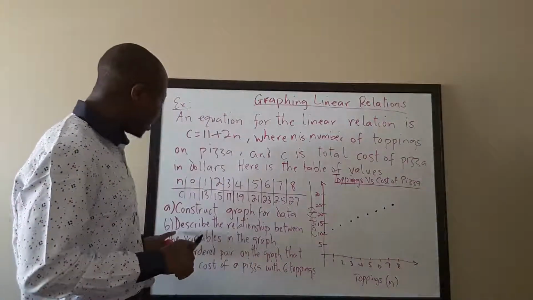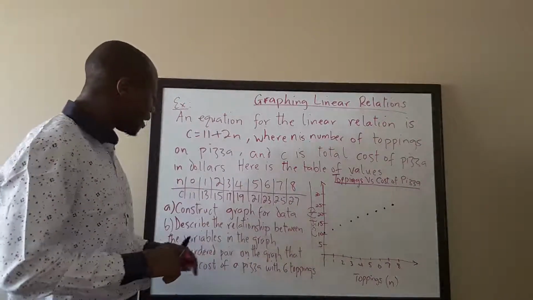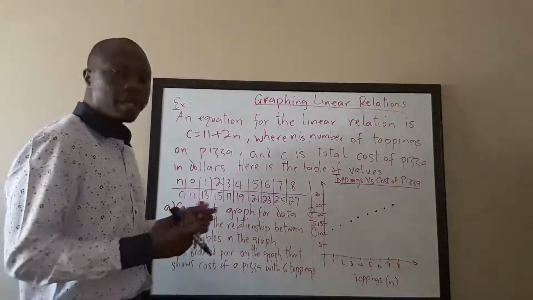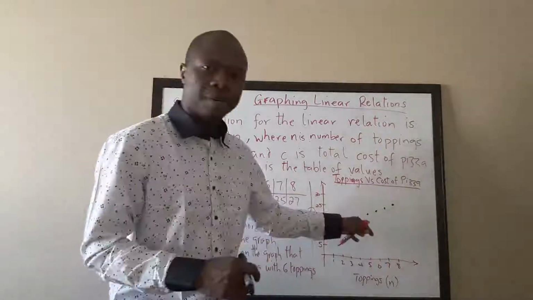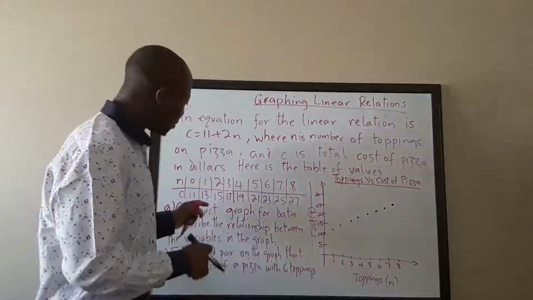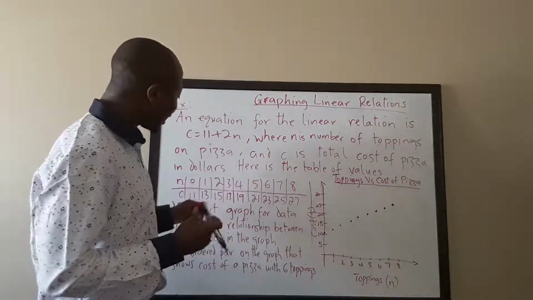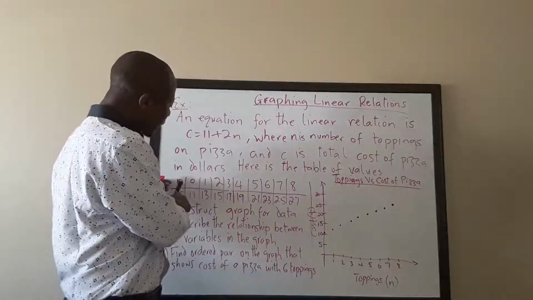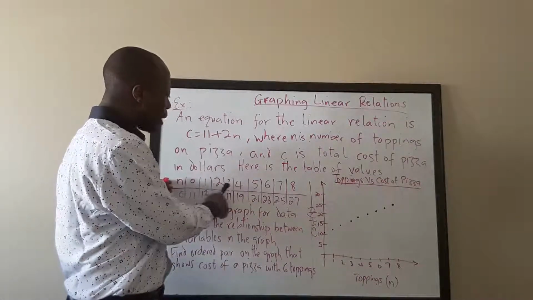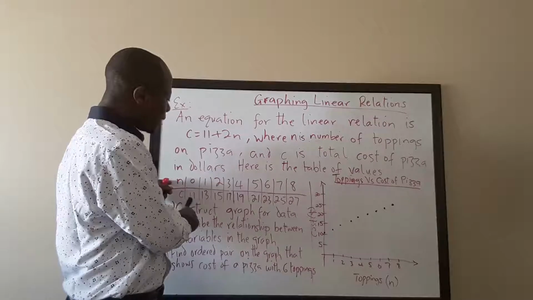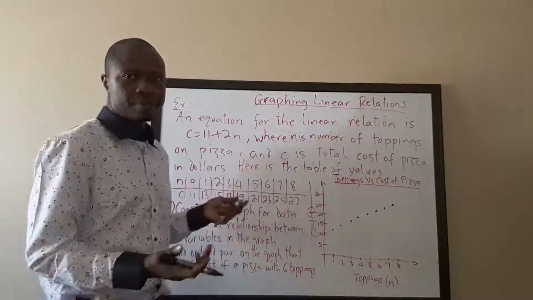So describe the relationship between the variables in the graph. Now we can do this from the graph. We can also do this from the table. It's easier for me to do from the table because I can say as the number of toppings is increasing by 1, my cost is increasing by $2.